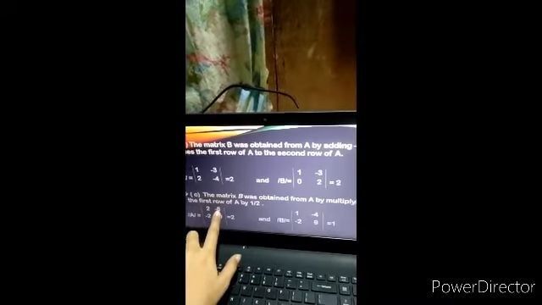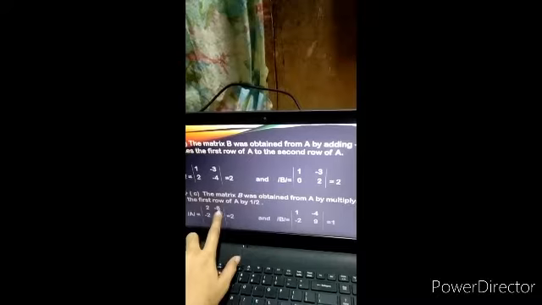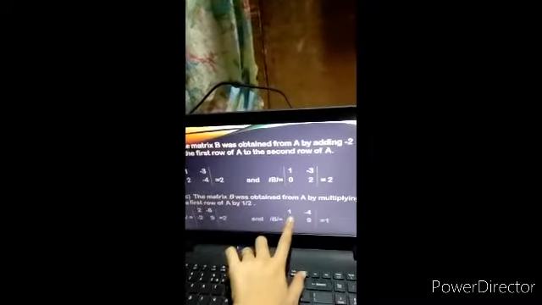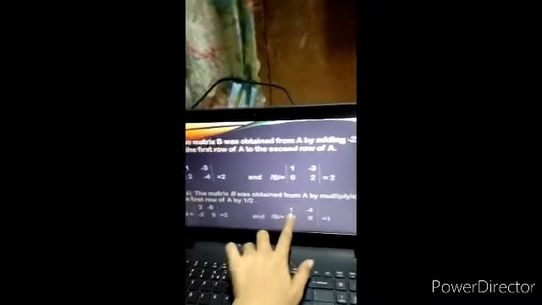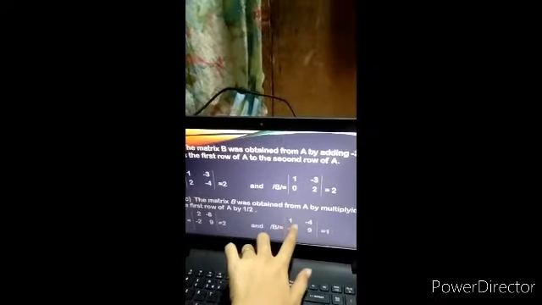Then negative 8 times 1/2 equals negative 4. So we now have a new first row of matrix B.